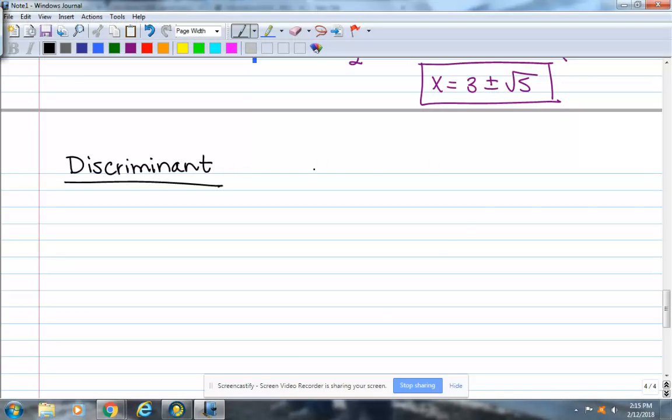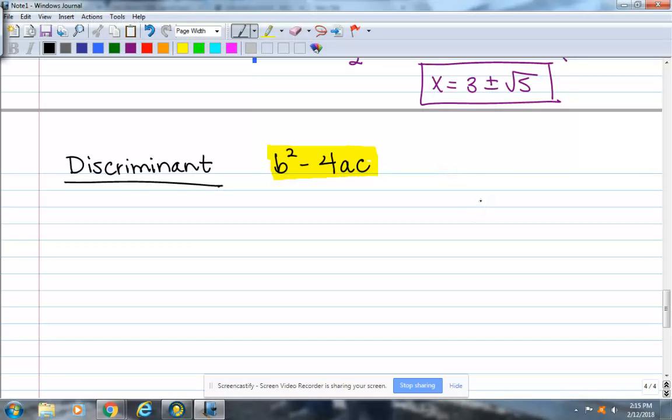So the formula for the discriminant is this: B squared minus 4AC. Does that look familiar? So where do you think that comes from?